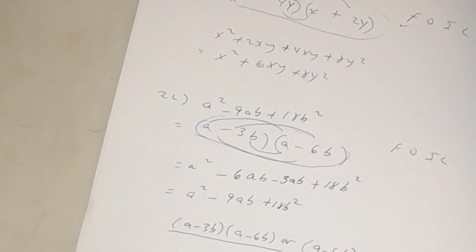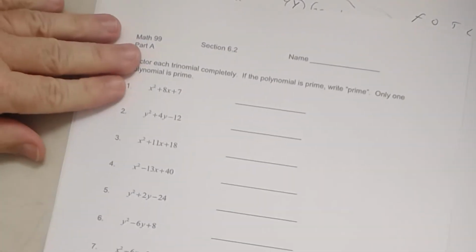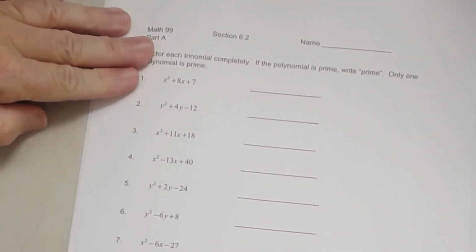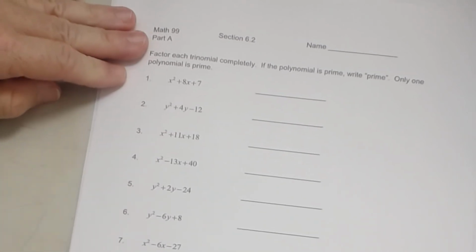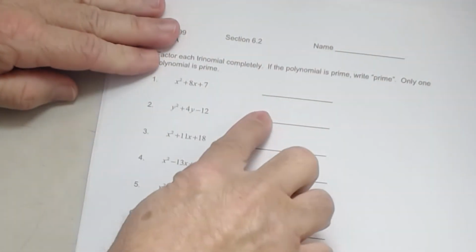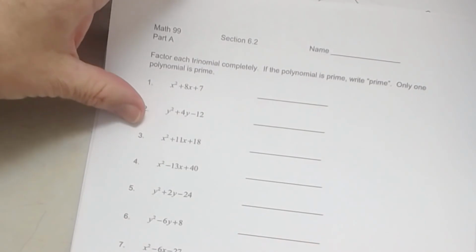Now, we start with addition and subtraction. Look at this. This is going to be 6.2 Part A. That part you can do. So now all I want is the answer, but you know you have to do some work, right?